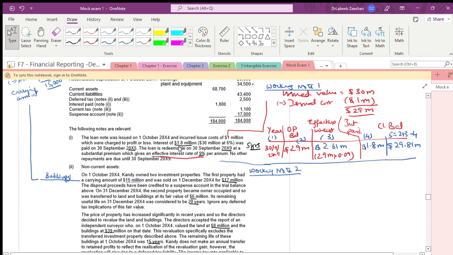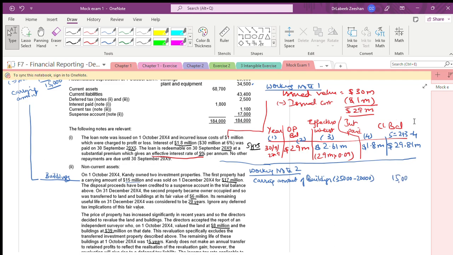They have sold it, this is the carrying amount of buildings. 35,000 minus 20,000 comes to 15,000.